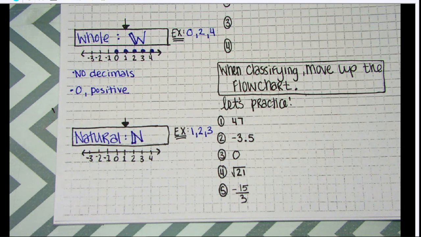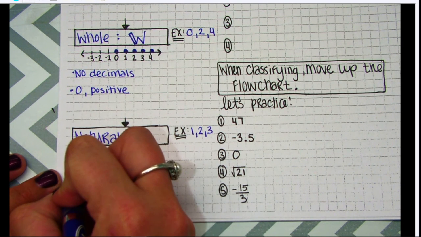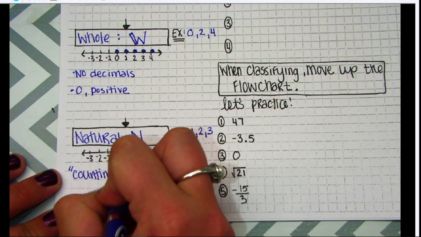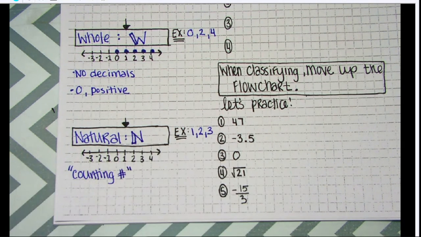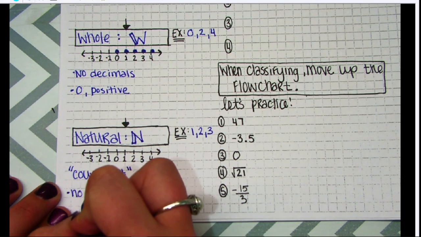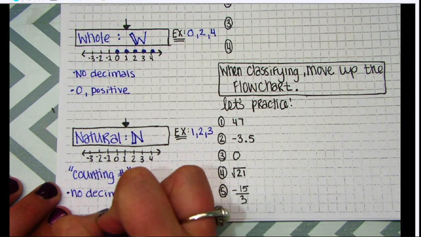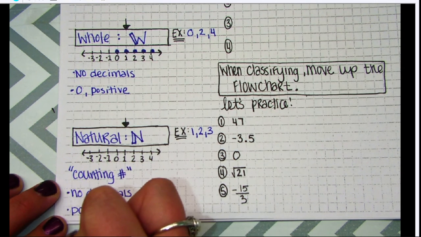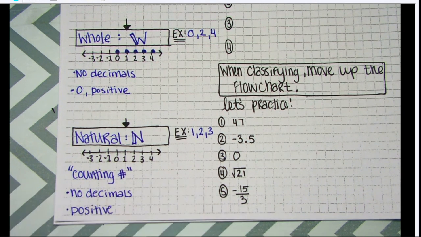You don't start at 0. So these are referred to as counting numbers, because when you count, you start at 1 if you're counting up. Again, no decimals. And these numbers can only be positive.